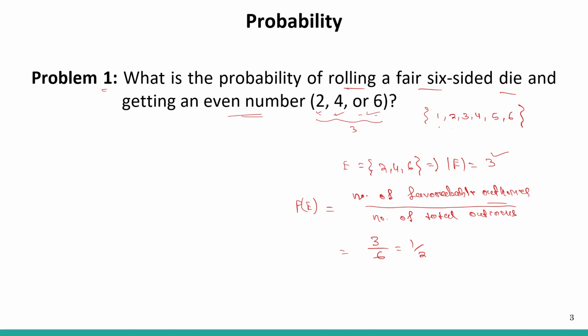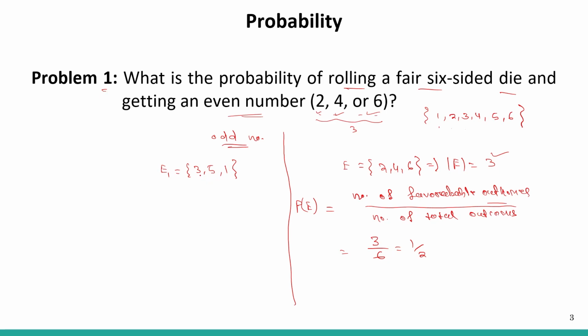Another question that must arise in your head is: what is the probability of getting an odd number? Let's see. In this scenario, your event space, let it be E1, will be 3, 5, 1. These are the favorable outcomes.